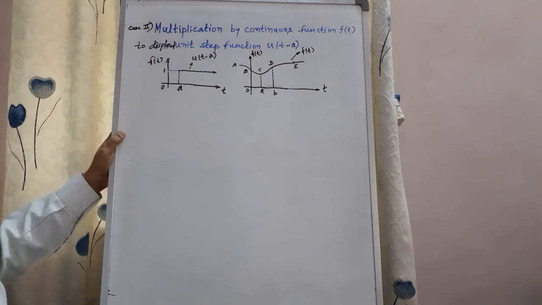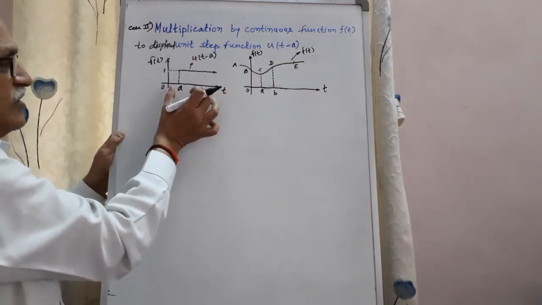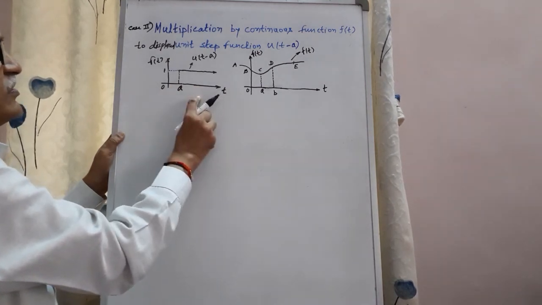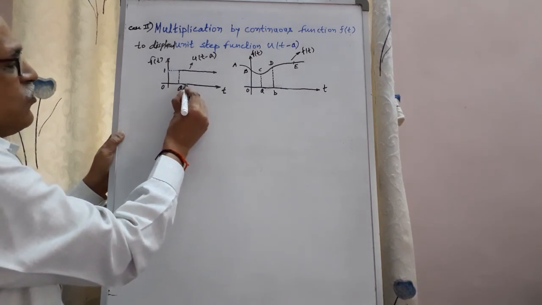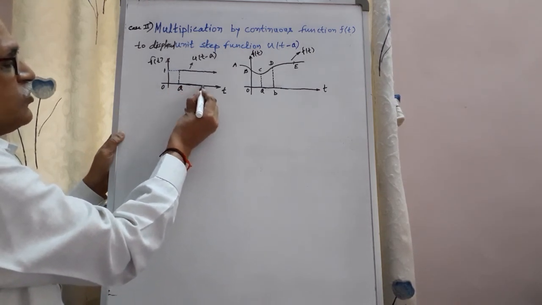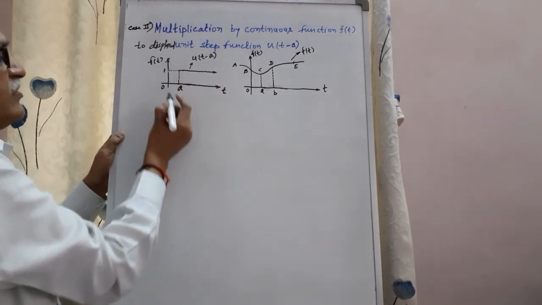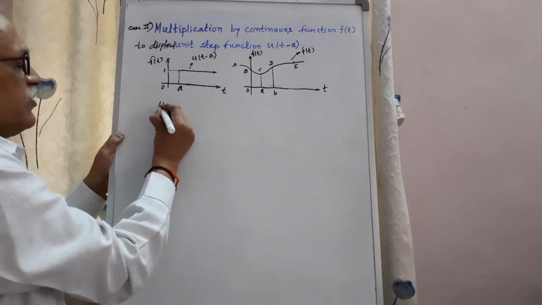To displace unit step function u of t minus a. Therefore, that displaced unit step function, as shown in this figure, exists from a onwards towards right hand side. Value of that is 1. Therefore, we know the definition of that unit step function.